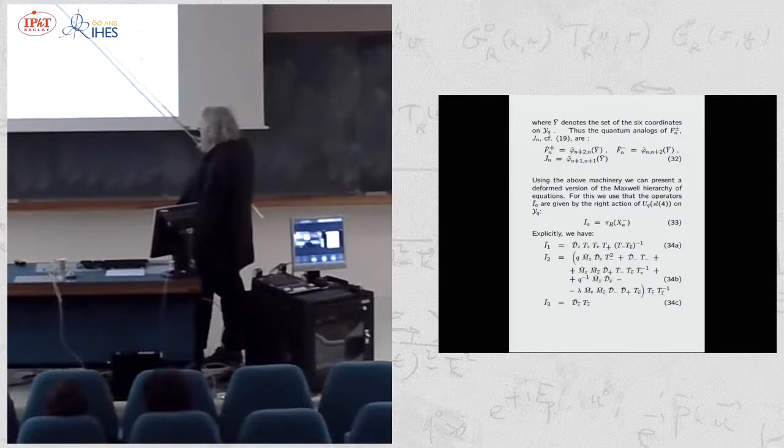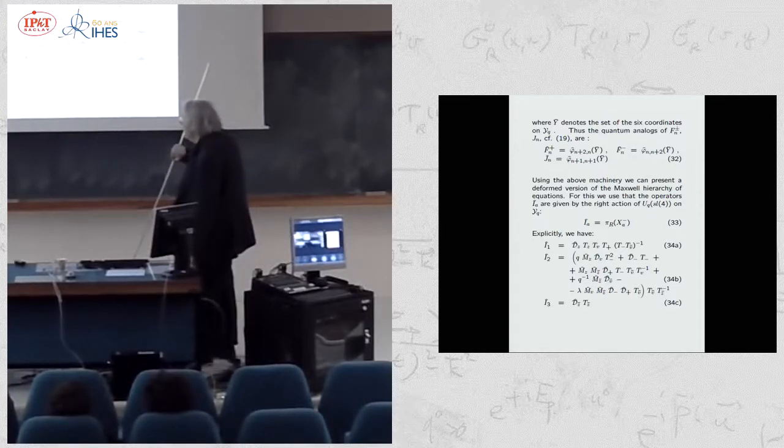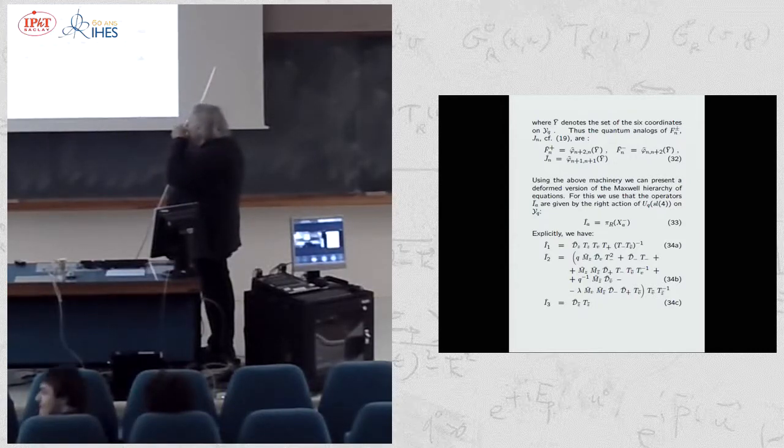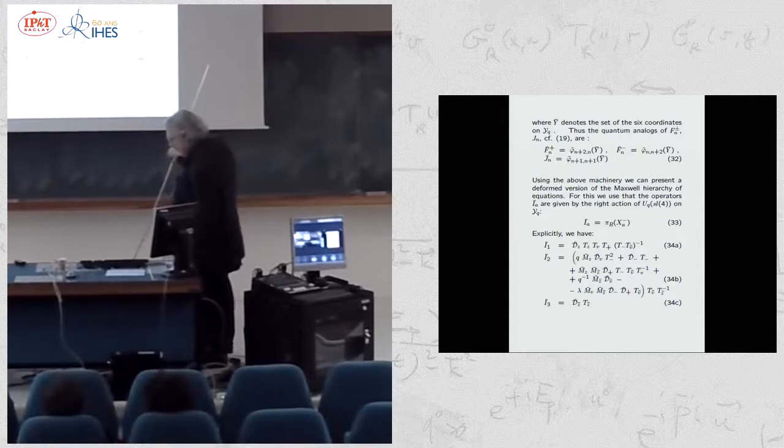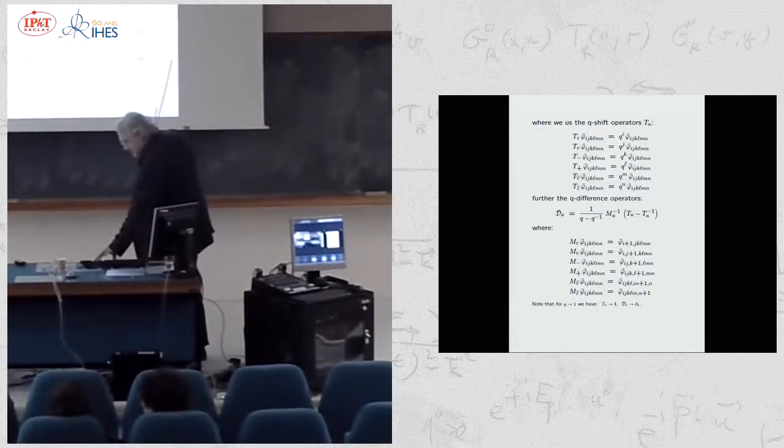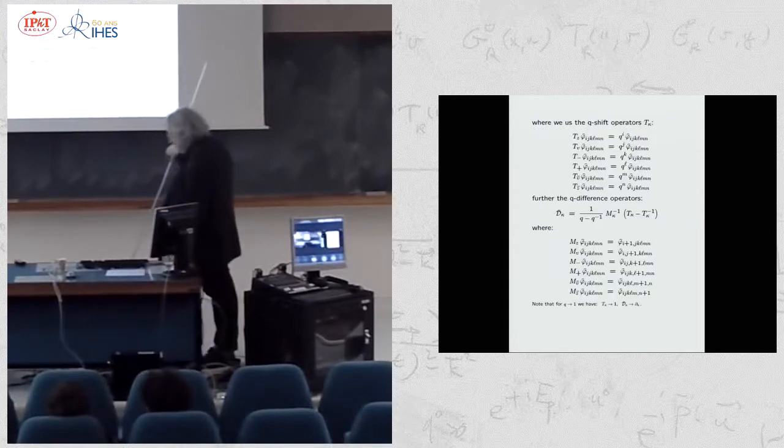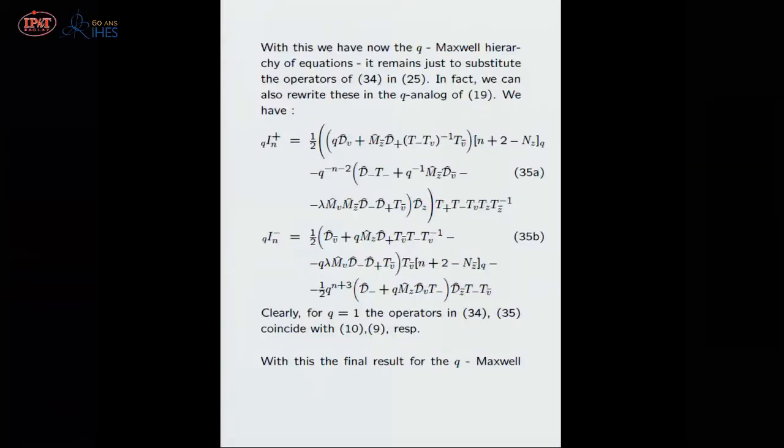Again, very crucial and very different from other people that were doing these deformations of Maxwell. We have a term which is necessary because of invariance, but will vanish when Q goes to 1 and lambda goes to 0. I insist on this because it is different from what other people are doing. Okay, this we have seen.